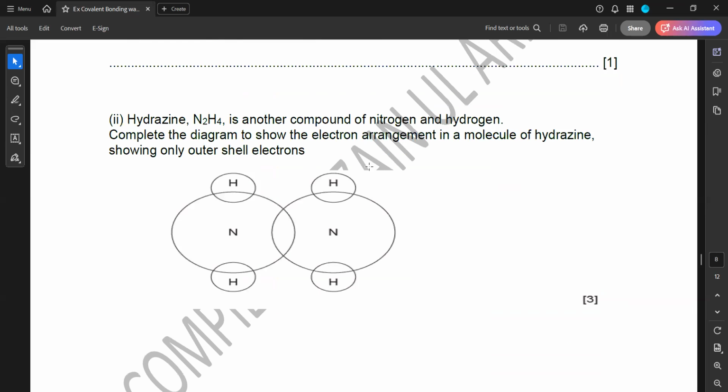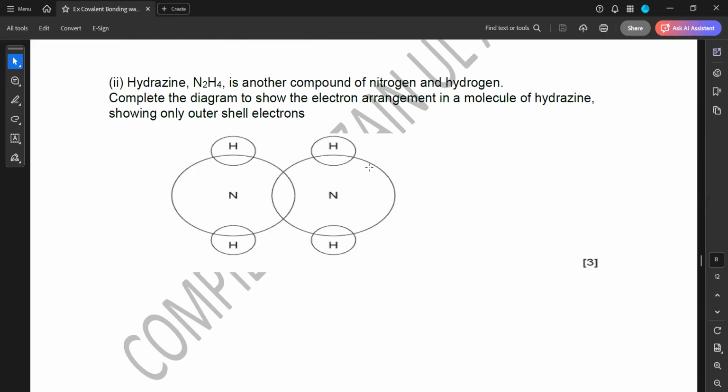Part 2, sure. In part 2, hydrogen is there. We have a compound, nitrogen and hydrogen. When you check the periodic table, nitrogen belongs to group 5, so it will share 3 electrons. And how many unshared are there? 2 electrons. And hydrogen shares 1, so hydrogen shares 1, nitrogen shares 1.